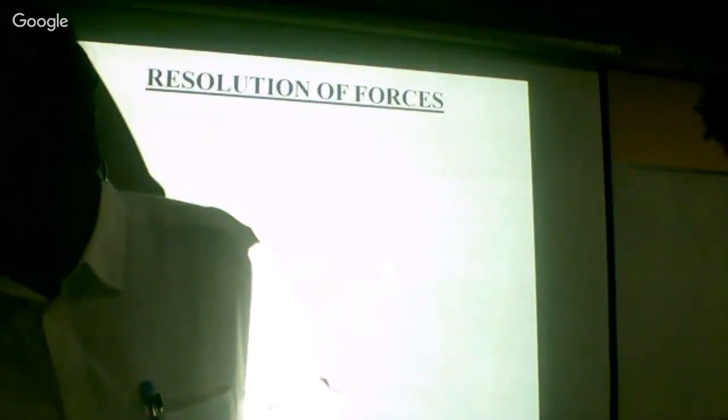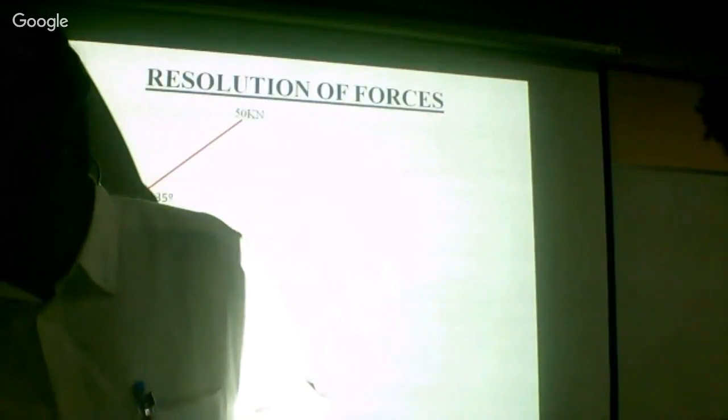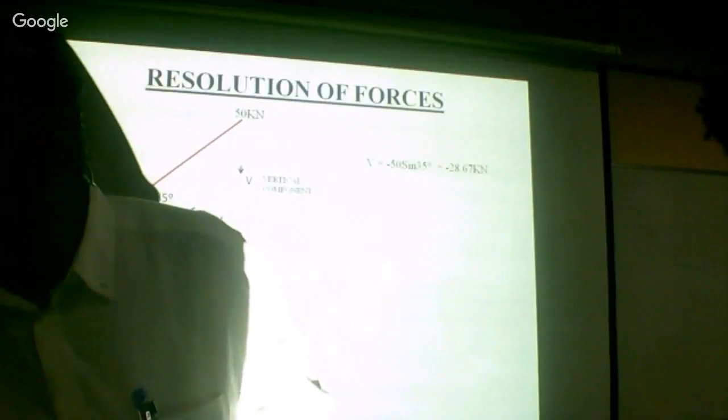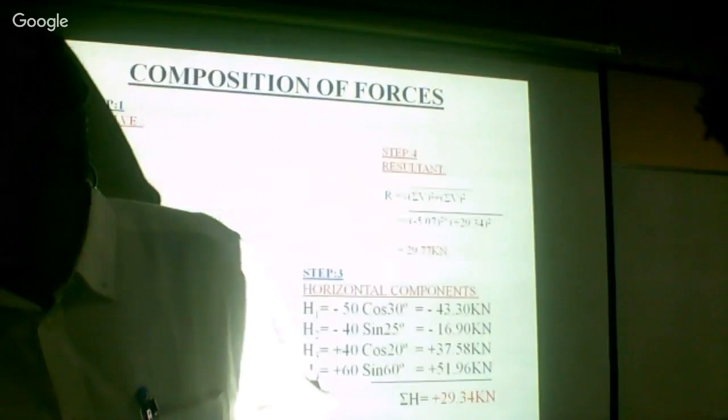Then we have discussed about the resolution of forces: the vertical component and horizontal component. And again we have discussed about the composition of forces.